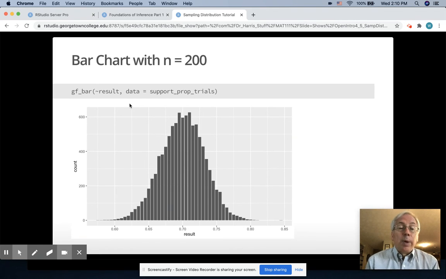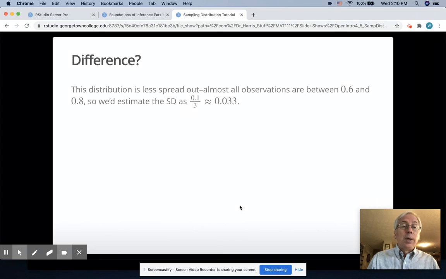What does it look like? Well, it's still fairly bell-shaped. We might think it's normal. It's still pretty close to centered at 0.7, but this time it looks like almost all the observations are between 0.6 and 0.8. In the previous case, we went out from about 0.55 to 0.85, so we're more tightly packed here. So the distribution is less spread out.